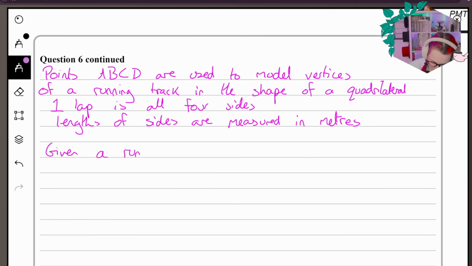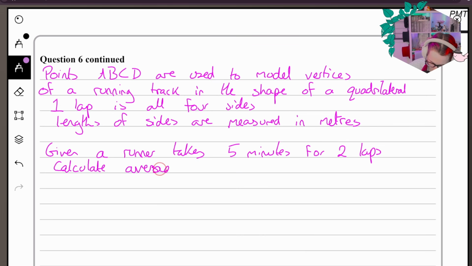Given a runner takes 5 minutes for 2 laps, calculate the average speed in kilometers an hour.